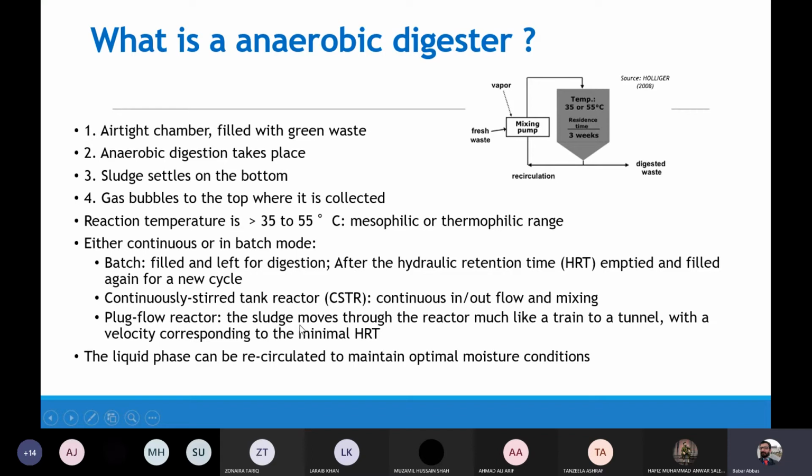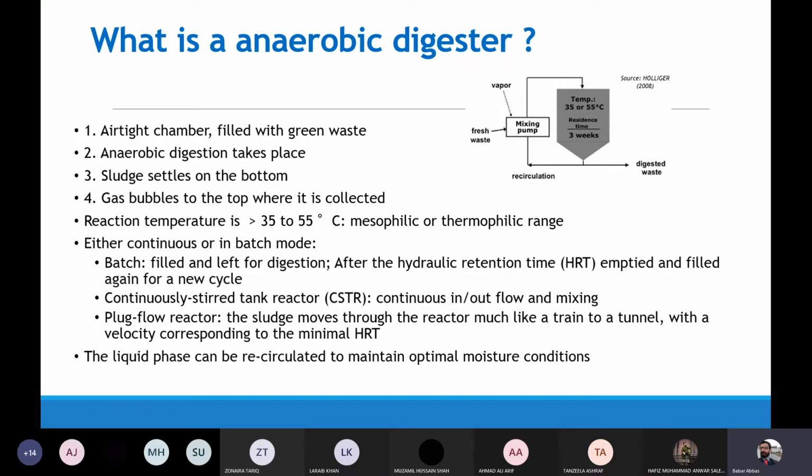In a plug flow reactor, the sludge moves through the reactor much like a train through a tunnel, with a velocity corresponding to the minimal HRT. So there are 3 systems which have been discussed over here. The first one was the batch system, the second one was the continuous system, and the third one is the plug flow reactor. The batch system is operated on an intermittent basis.